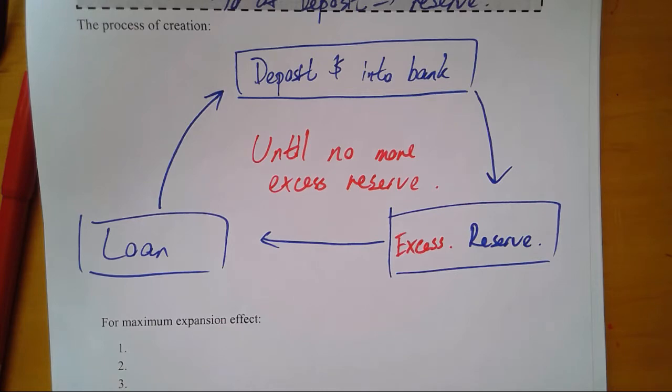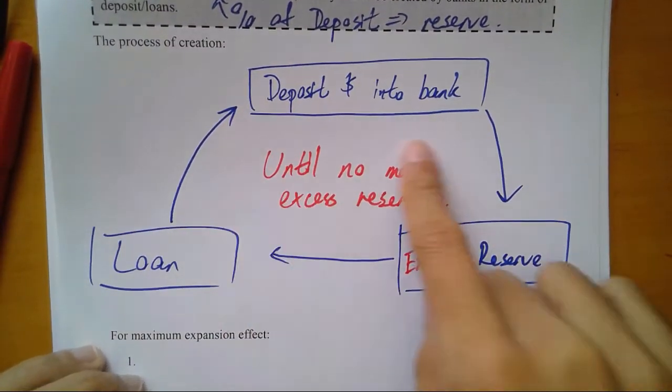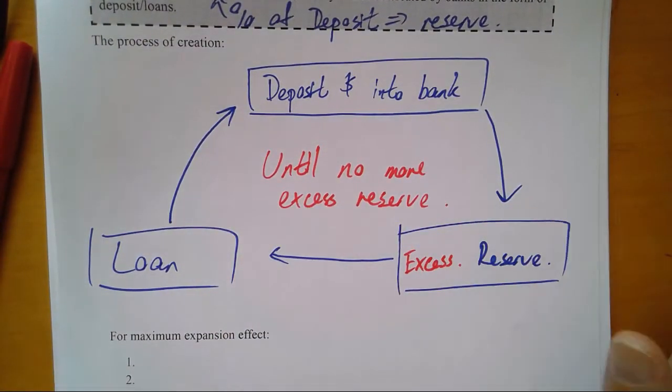OK，得唔得？Now, here let's see. You see this cycle goes on and on, right? But there are actually 3 steps to it.